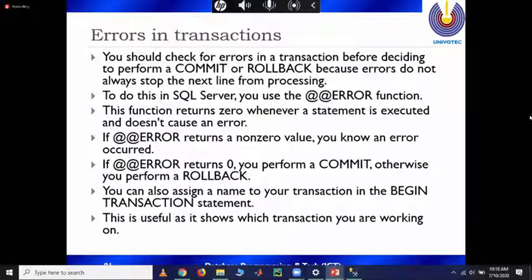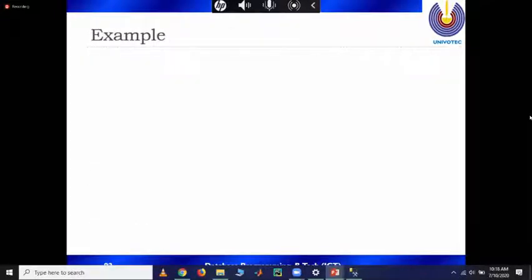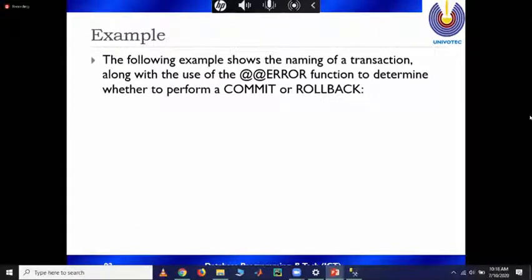In your database programming, many transactions happen, so you can put a name. Now you can see an example. The following examples show the name of the transaction along with the use of the @@ERROR function. Don't forget this @@ sign. That's the function name.